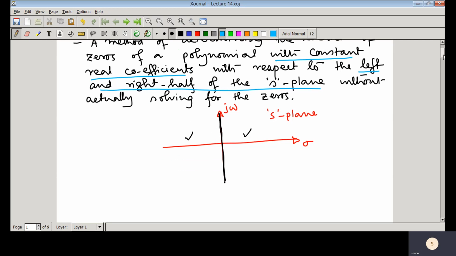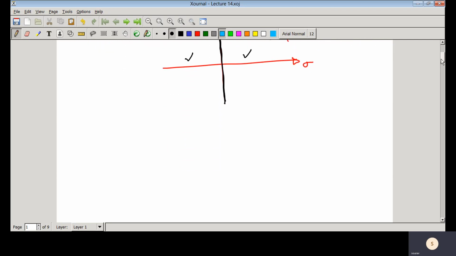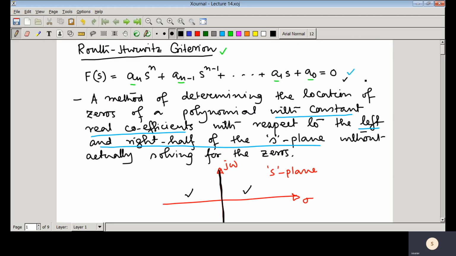This criterion gives a necessary and sufficient condition for stability, that is, whether roots are on the left half of the S-plane or not. Using this criterion, we are able to decide. For an LTI system, this is the characteristic equation.